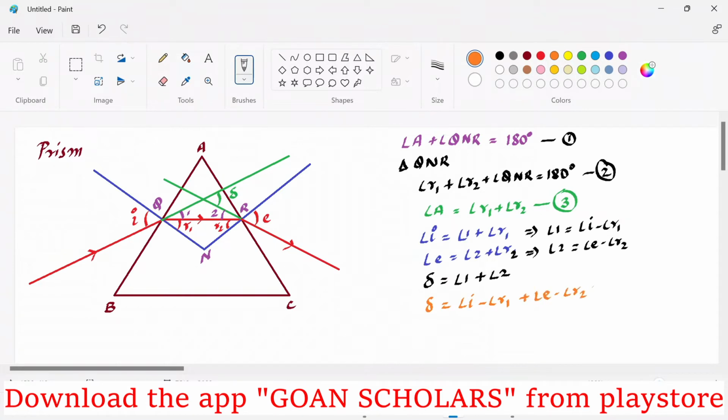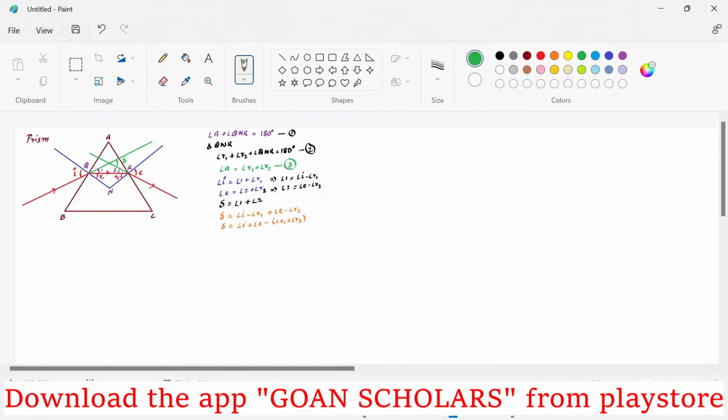Now this delta will be written as angle I plus angle E minus (angle R1 plus angle R2). Great. Now if we look at equation 3, R1 plus R2 is nothing but angle A. So we can substitute here: delta is equal to angle I plus angle E minus angle A. I hope this is clear. This is your delta, angle I plus angle E minus angle A. This is equation number 4.